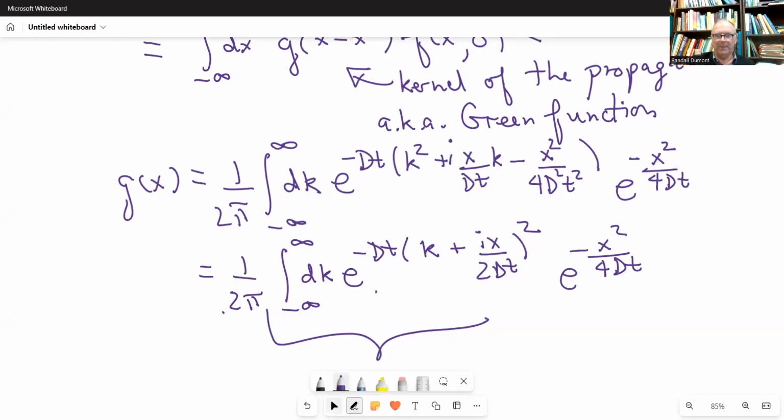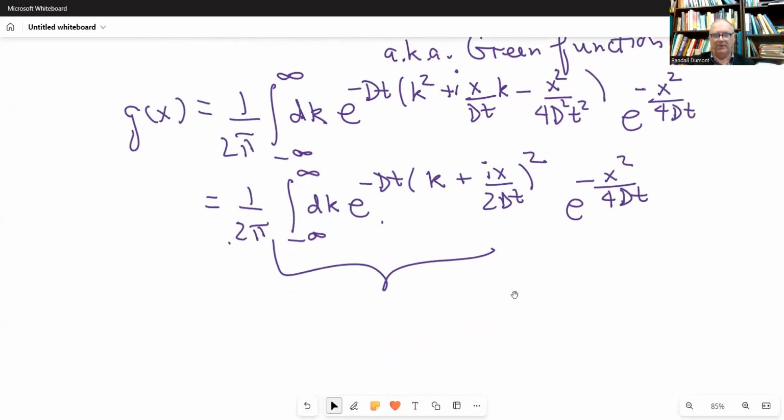So we're up to here. And this integral is just pi to the 1/2 times 1 over dt, or dt to the -1/2.